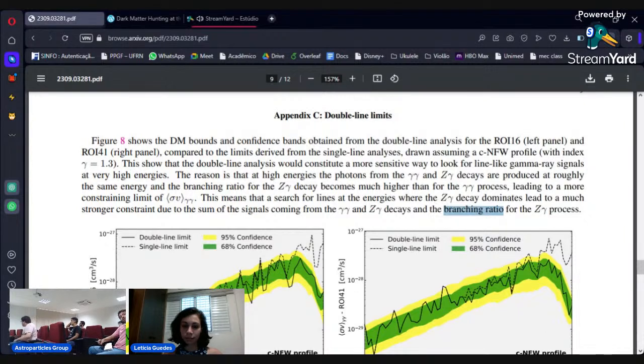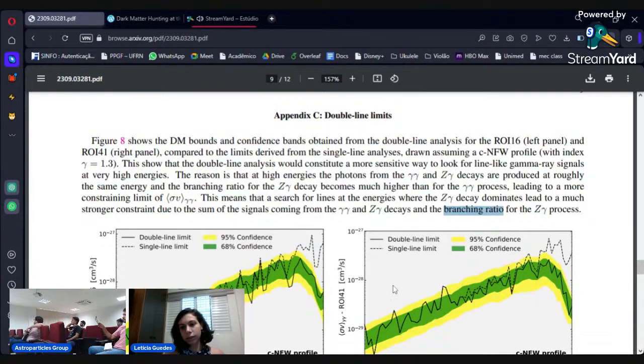Okay. To me, it's like, what will be the most relevant channel in this case? I mean, what's the most important? Is it the double line or the single line? In terms of strongest signal, for example.